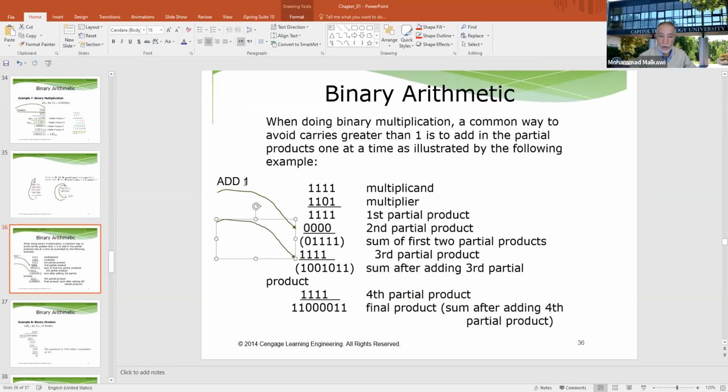That's my add number 2. This is add number 2. And then there is, excuse me, the third add right here.